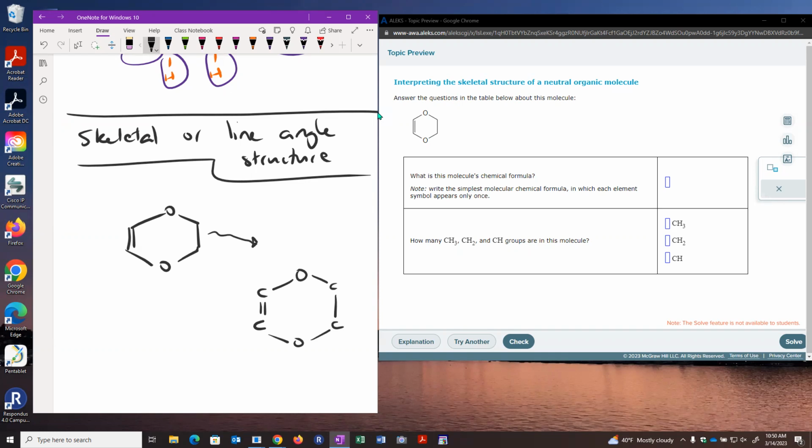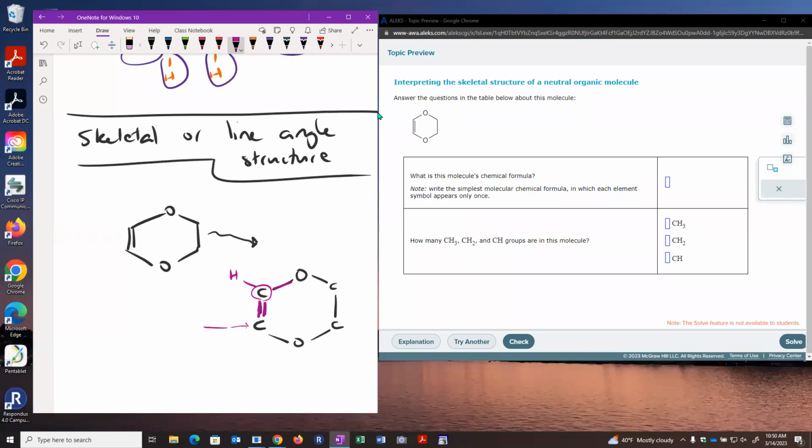And then all I need to do is to fill in the remaining bonds to carbon, because carbon likes to have 4 bonds, and we'll fill those in with hydrogen. So this carbon here right now has 1, 2, 3, so it needs a 4th bond to H. Same thing with this one, right?